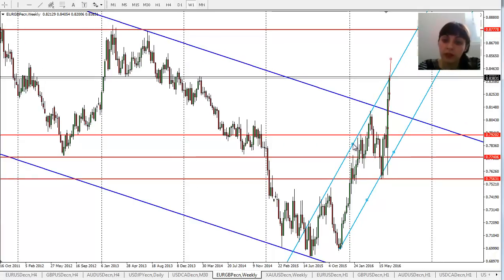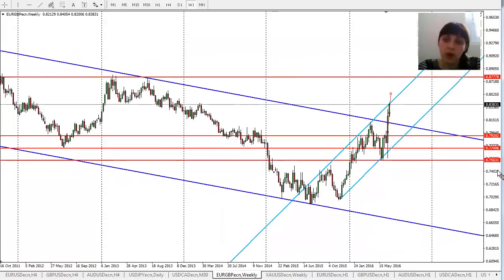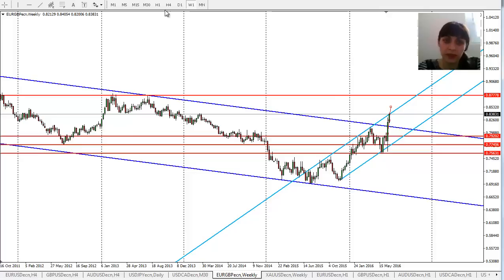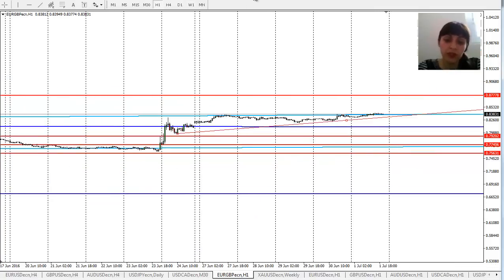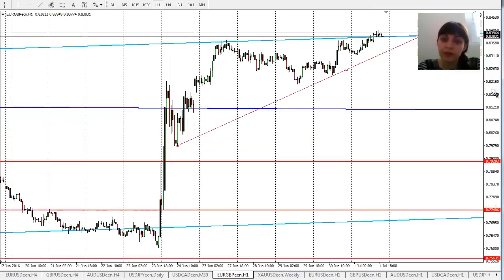Then you can move a little bit higher, as you can see, and that could be a point to do any trades on the way back, or if it will break the other level on the way up. So that's how I see euro pound at this point.